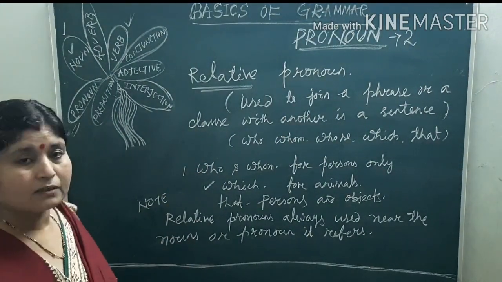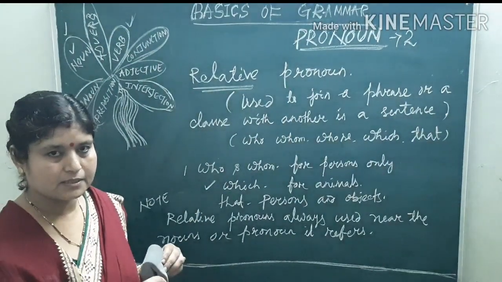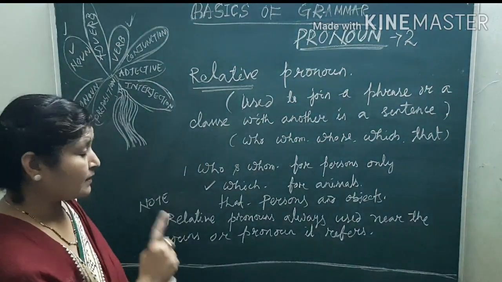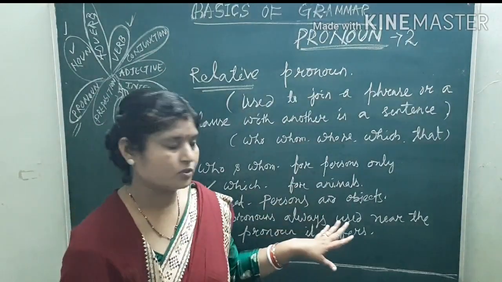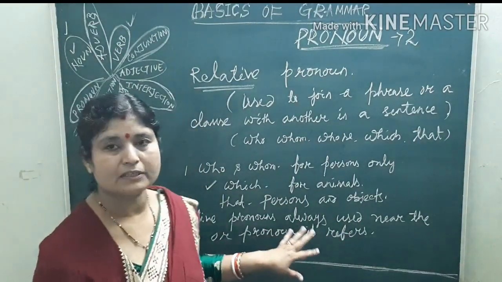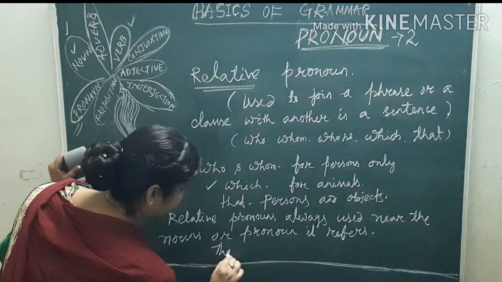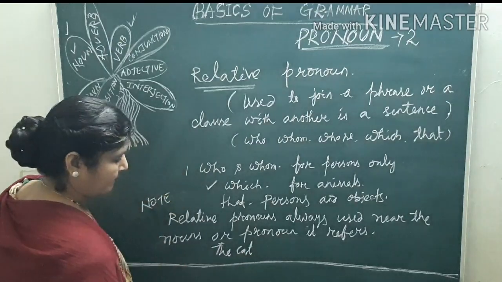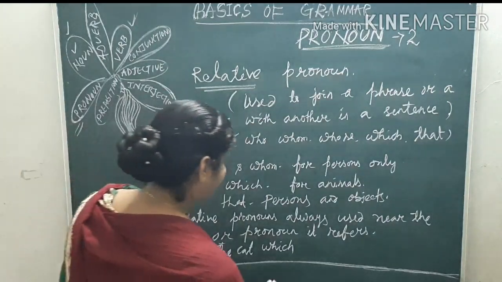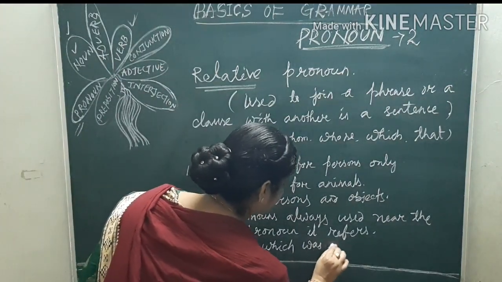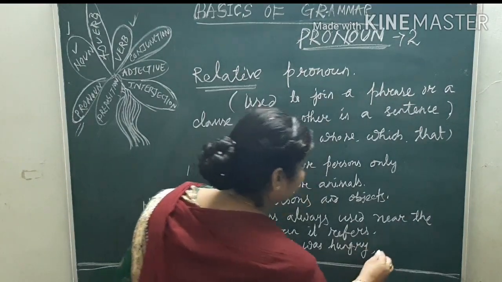One important thing, children: when we join two sentences together, we must remember that relative pronouns are always used near the noun or pronoun they refer to. For example, the cat which was hungry drank all the milk.